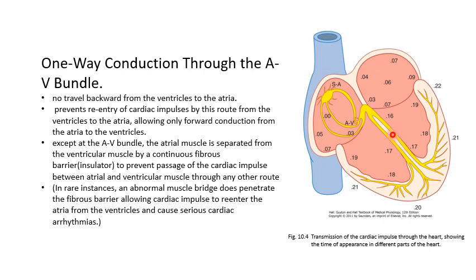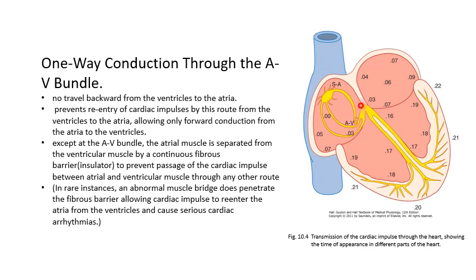Now, the atrial muscle, we know that it is separated from the ventricle. So we know that the atrium is completely like an isolated syncytium, and the ventricles are also another isolated syncytium. But except in the AV bundle, in the AV bundle, the atrial muscle is connected, or there is a connection between the atrium and ventricle.